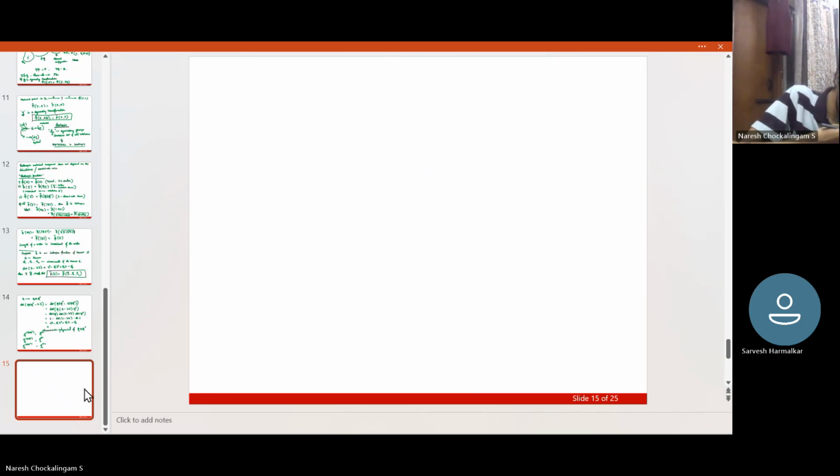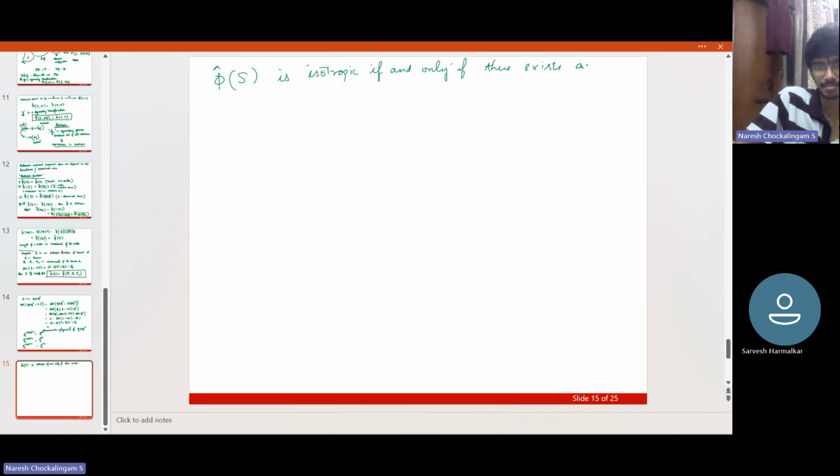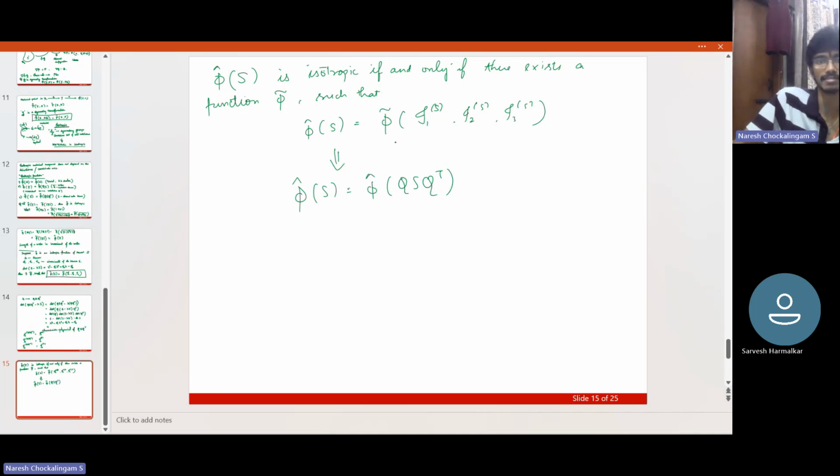Therefore, a function phi of a tensor S is isotropic if and only if there exists a function phi tilde such that phi cap of S is equal to phi tilde of the invariants I1 of S, I2 of S, and I3 of S. We know that the invariants are not affected by orthogonal transformations, which implies phi cap of S is equal to phi cap of Q S Q transpose, because Q S Q transpose and S have the same invariants.